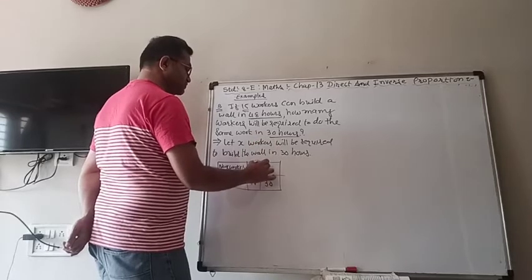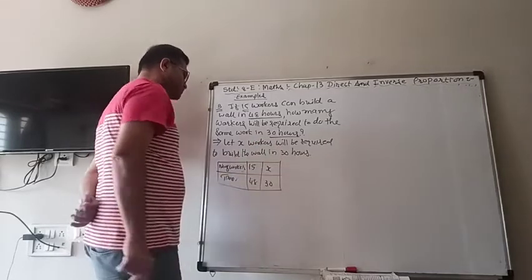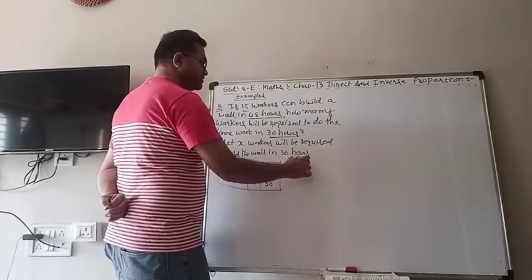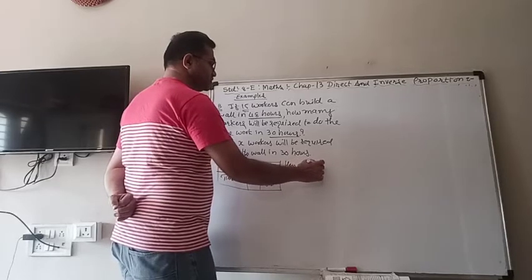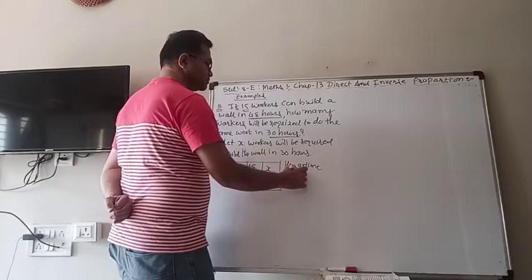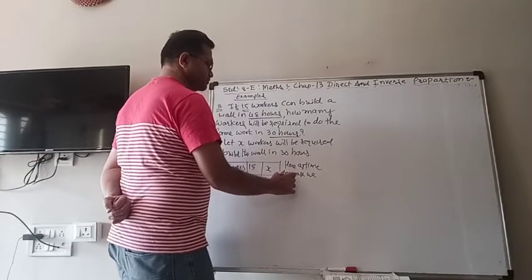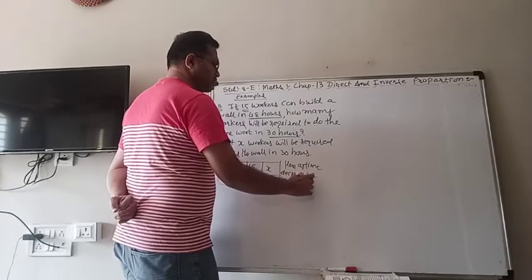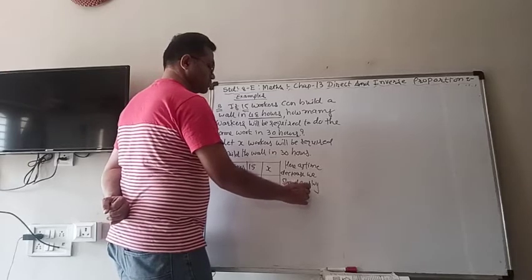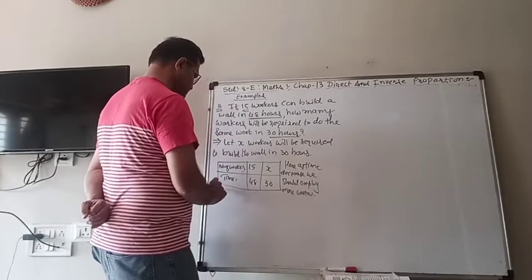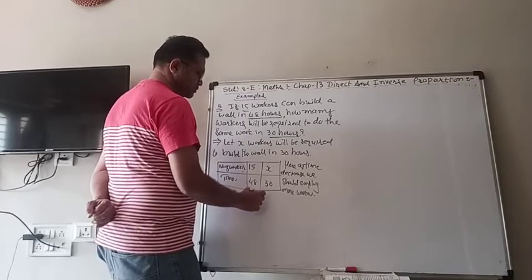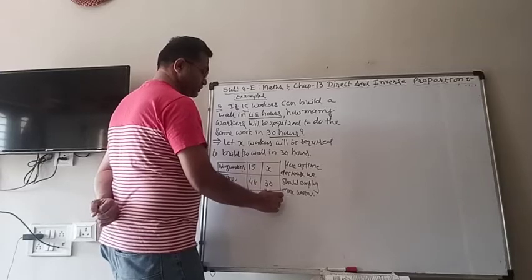So now 30 hours, then what is the number of workers? So here as time decreases, we should employ more workers. So it is a case of inverse proportion.